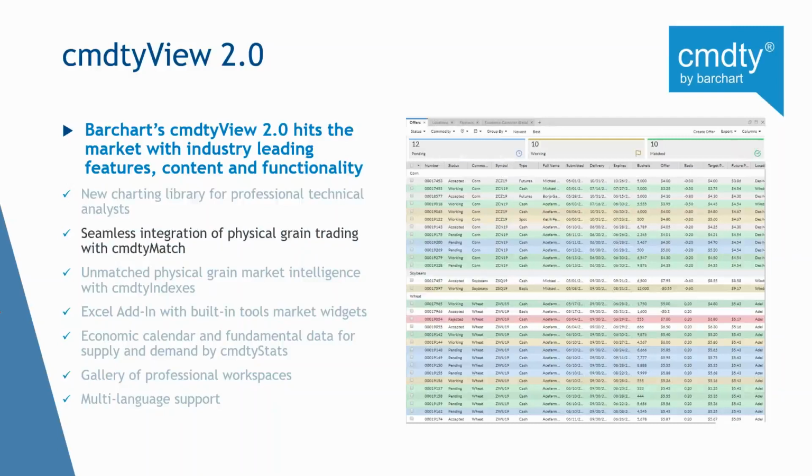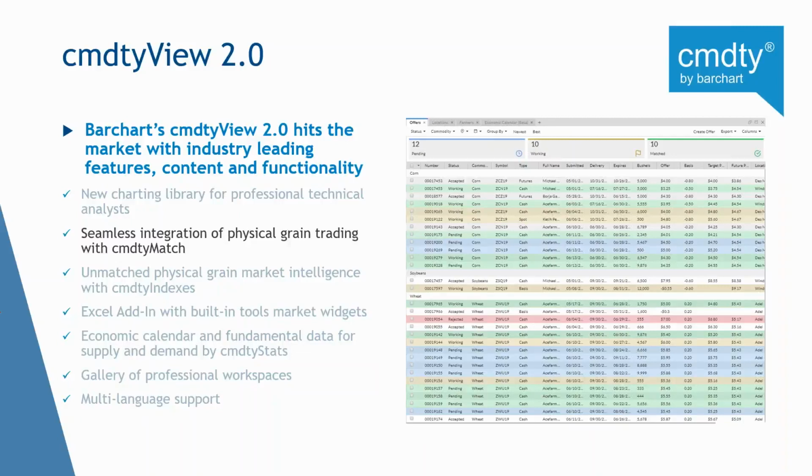We've seamlessly integrated our physical grain trading program, our platform called Commodity Match, right within CommodityView. Merchandisers can manage their full offer deck. They can create new farmers within the system and assign those farmers to particular locations where that farmer is authorized to submit bids or offers, and then they can manage those incoming offers.